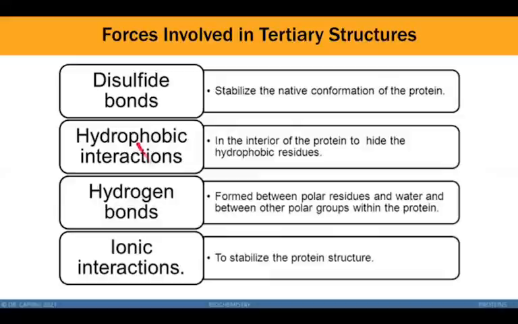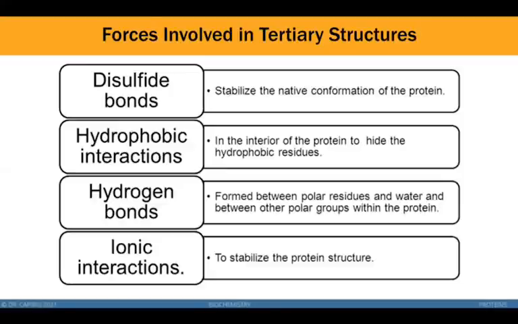Disulfide bonds stabilize the native conformation of the protein. As I've previously mentioned, it is the most common and the most important intermolecular force for tertiary structure. These disulfide bonds are the covalent bonds that stabilize.